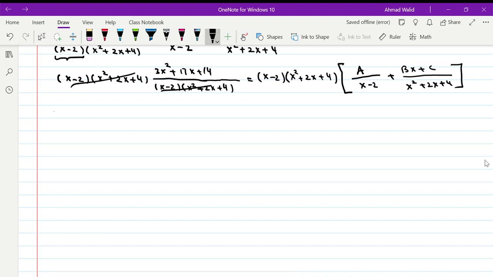On the right side I have 3x squared plus 17x plus 14 equals, the first fraction x minus 2 cancels out with x minus 2, then a times x squared plus 2x plus 4, plus this one cancels out with this, x minus 2 left, then bx plus c times x minus 2.